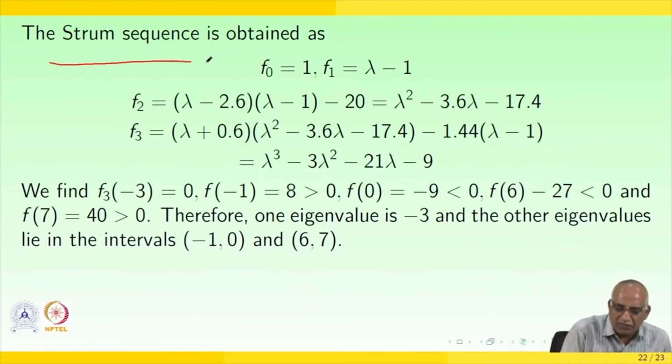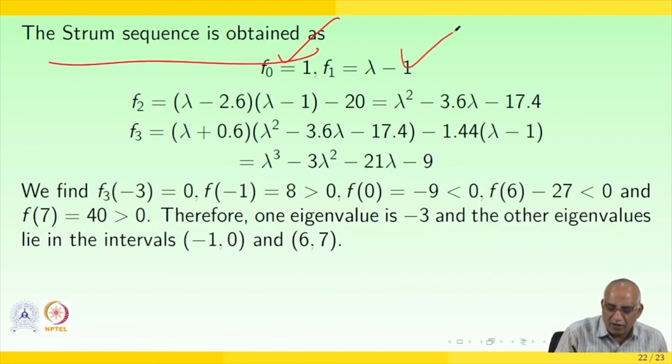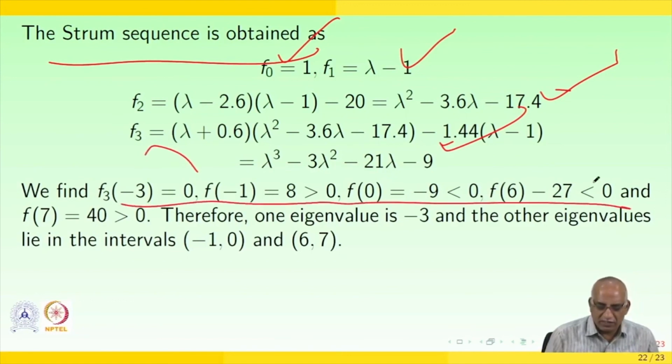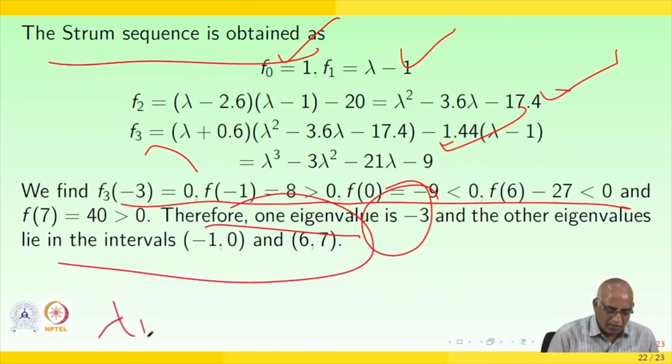So the Sturm sequence tells us: the first one F0 is 0, F1 is lambda minus 1, F2 is lambda minus 2.6 times lambda minus 1, which is a square, and F3 will be a cube. So we find that F3 of minus 3 is 0, F of minus 1 is 8, and all these things we compute. Therefore, one eigenvalue is minus 3 and the other eigenvalues are in the intervals minus 1 to 0, and 6 to 7.